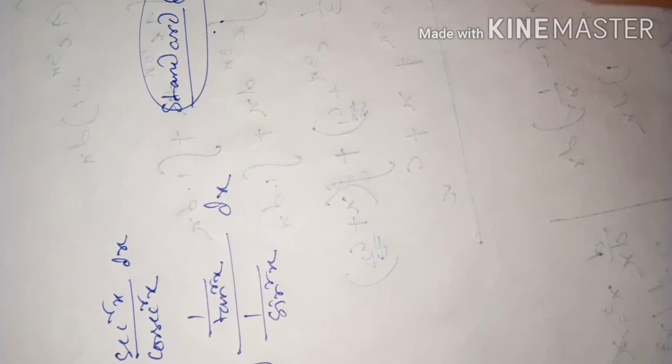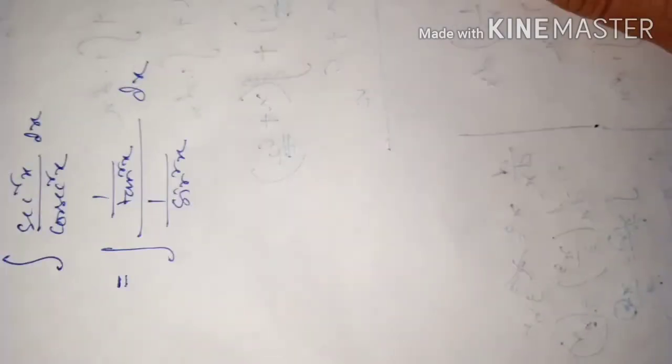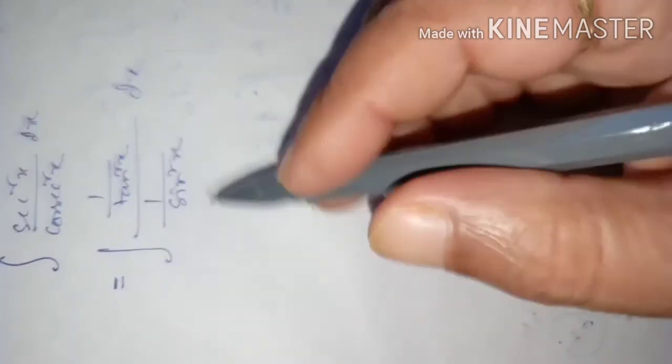Like suppose I know that d by dx of tan x is sec square x. So if our expression is sec square x, then we call it a standard form. That is our target every time: to convert the given expression into a standard form.